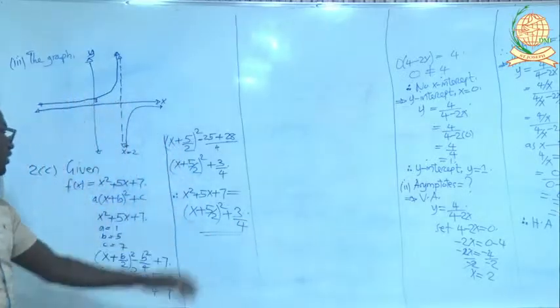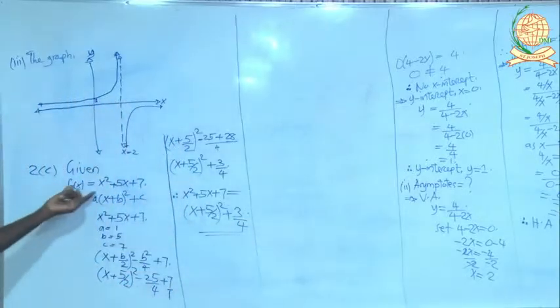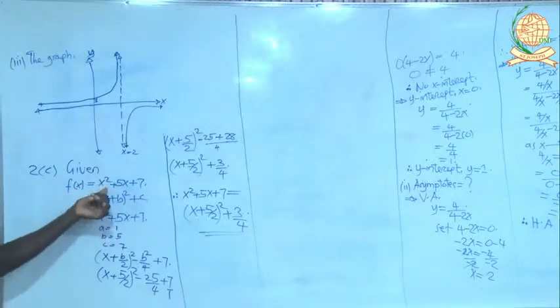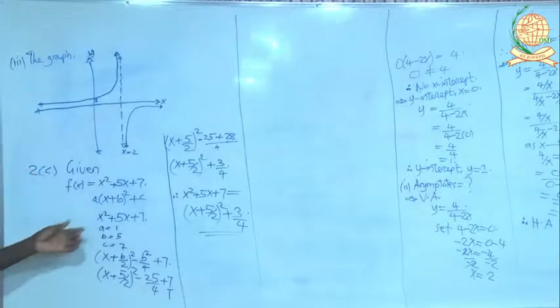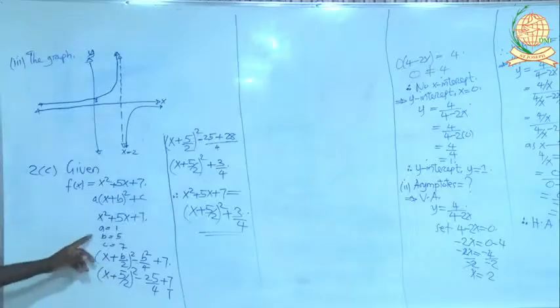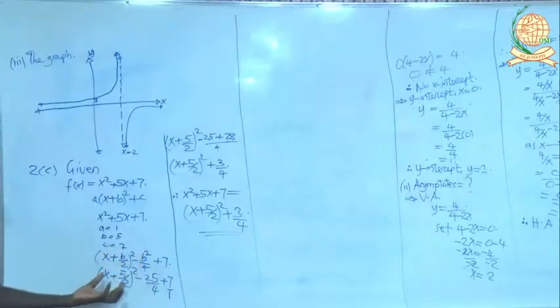Yeah, we are done. So if you have the function x squared plus 5x plus 7, and then you are asked to express this one in the form of a in a bracket, x plus b squared, then plus c, identify the value of a, b, and c. a is equal to 1, b is equal to 5, and c is equal to 7. Then we use this concept.